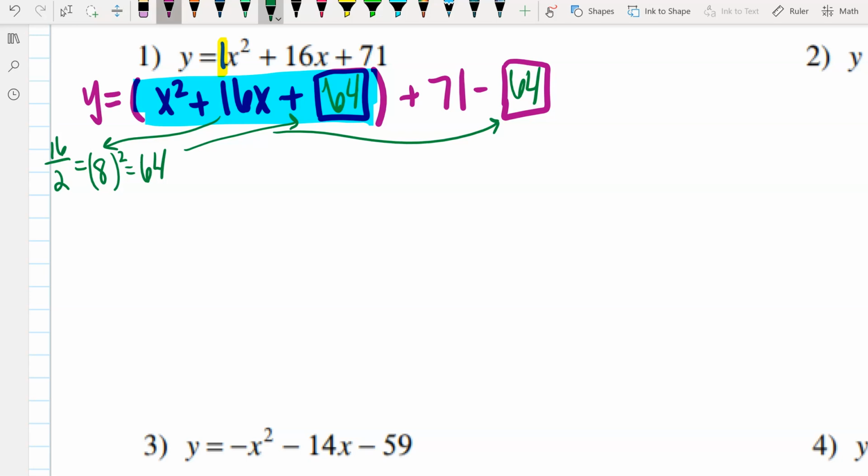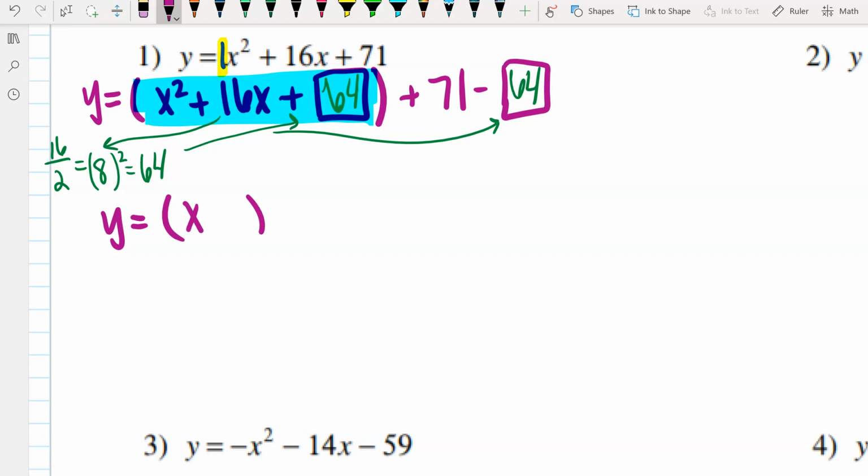So now our highlighted trinomial, this highlighted portion, we can now factor, and it's a perfect square trinomial, which means I should have two binomials that I can write as 1. Just like completing the square.